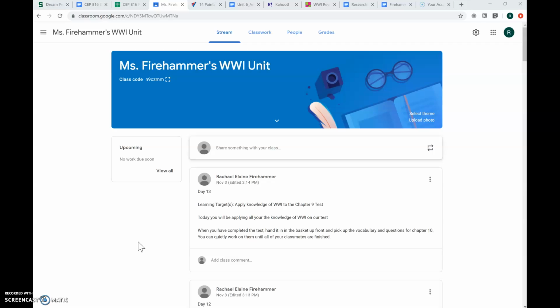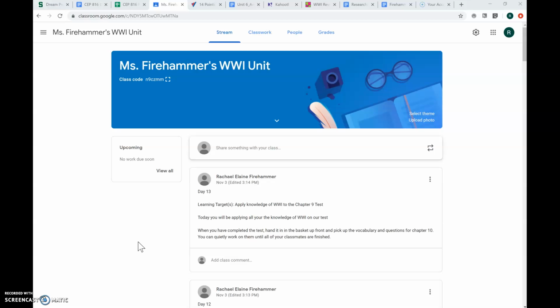I decided to put it all into Google Classroom because it's already a tool that I use with all of my classes. All of my subjects have a Google Classroom, and I like that it's a nice, easy platform for students to use. They can see all my announcements, and I can link all of my presentations and Google Docs and anything that I want them to see right there.